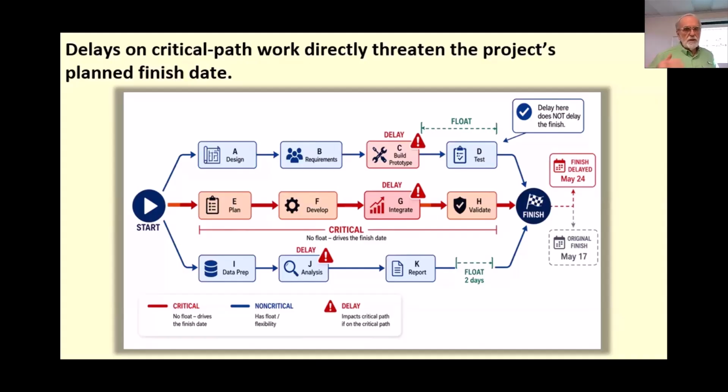But all these things are why the critical path work deserves closer attention during execution. It helps us as project managers focus on the parts of the schedule that most affect delivery timing, rather than reacting to every variance. We may have some variance between some of these non-critical path activities, but it's the variance on the critical path activities that really should get our attention.